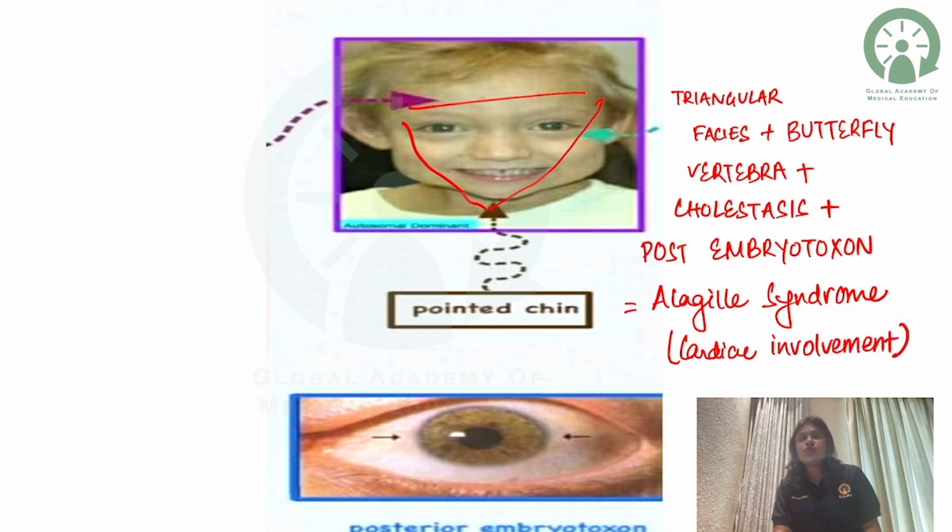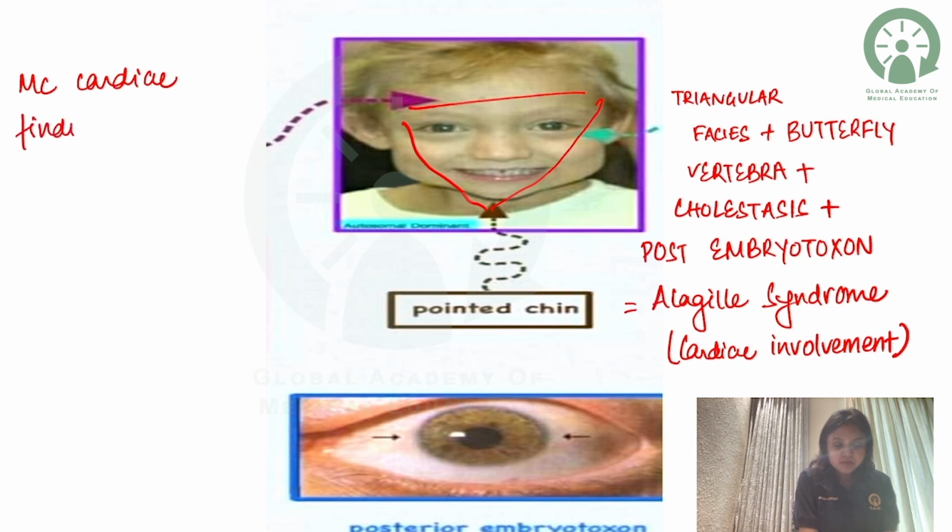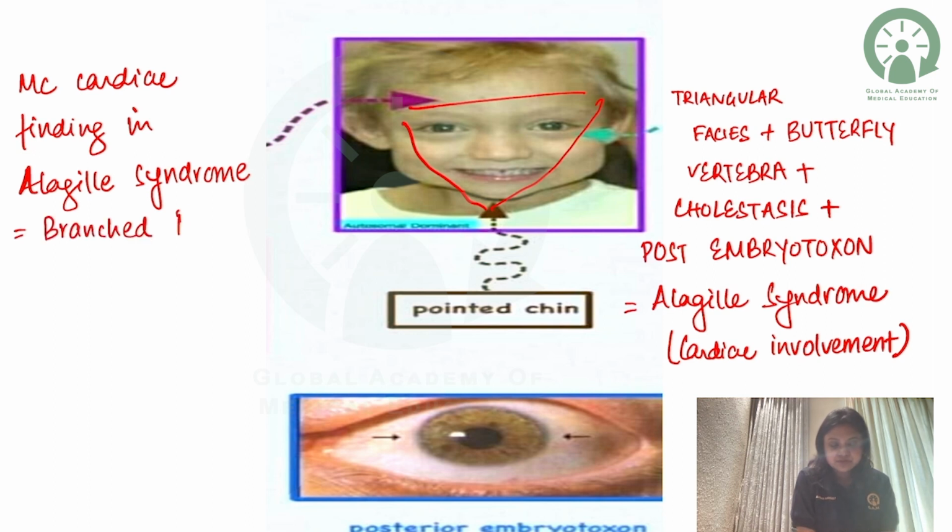So why is there cholestasis in case of Alagille syndrome? Because there is paucity of bile ducts in Alagille syndrome. So what is the most common cardiac lesion that we can find in Alagille syndrome? So most common cardiac finding in Alagille syndrome is branch peripheral pulmonary artery stenosis.